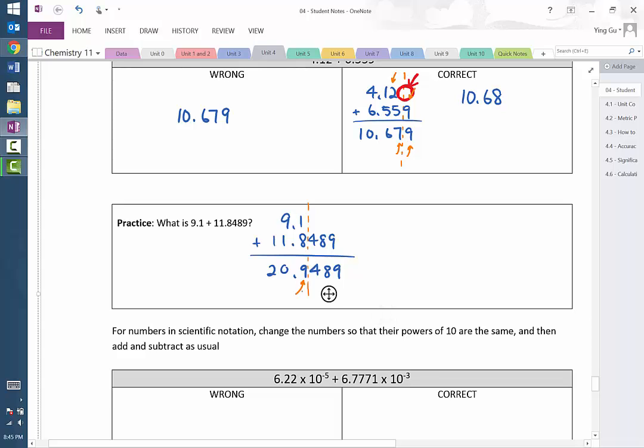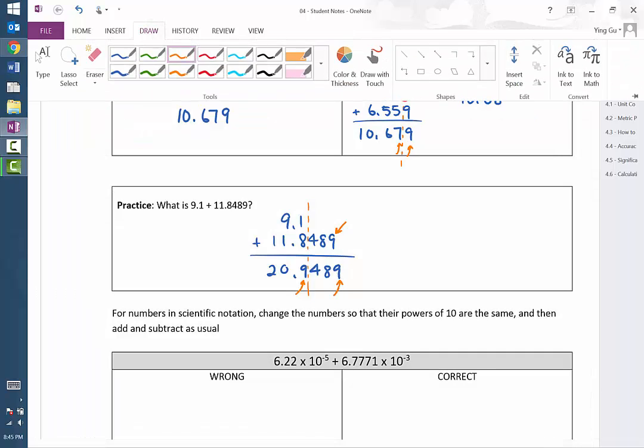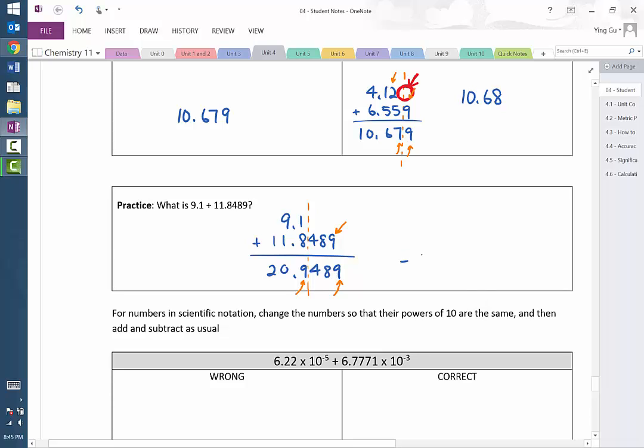Because this 9 is our first estimated value, which makes this 9 estimated, but we are only allowed to have 1 estimated value in our final answer. So our final answer is going to be 20.9. Okay? So our final answer has 1 decimal place, because in our original question, the number with the least number of decimal places was this one, with 1 decimal place.